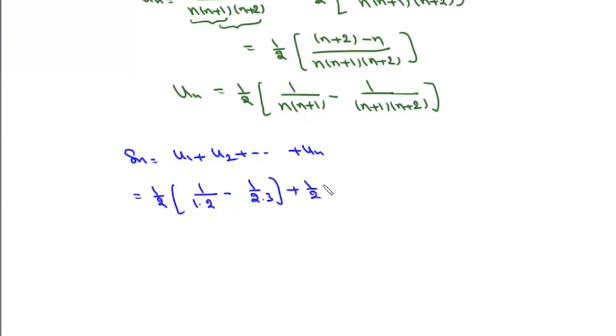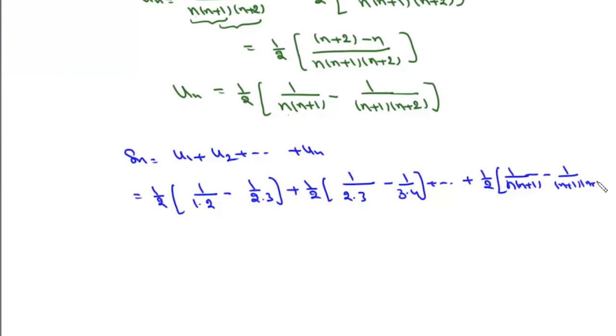Now the second term will be, here the value of n is 2 now, 1 upon 2 into 3 minus 1 upon 3 into 4, and we'll continue up to 1 by 2 times 1 upon n(n+1) minus 1 upon (n+1)(n+2). Now here these terms will get cancelled, so we can write this Sn as 1 by 2 times 1 by 2 minus 1 upon (n+1)(n+2).